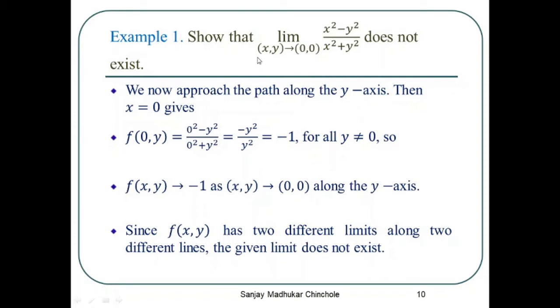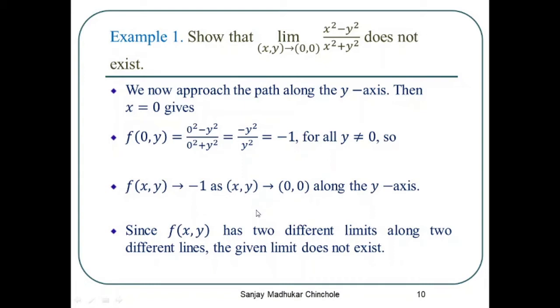Here, as the limiting process is (x, y) tends to (0, 0), the path should be such that the curve of that path passes through the point (0, 0). Here we have chosen the x-axis and y-axis as two paths, both of which pass through the origin (0, 0).